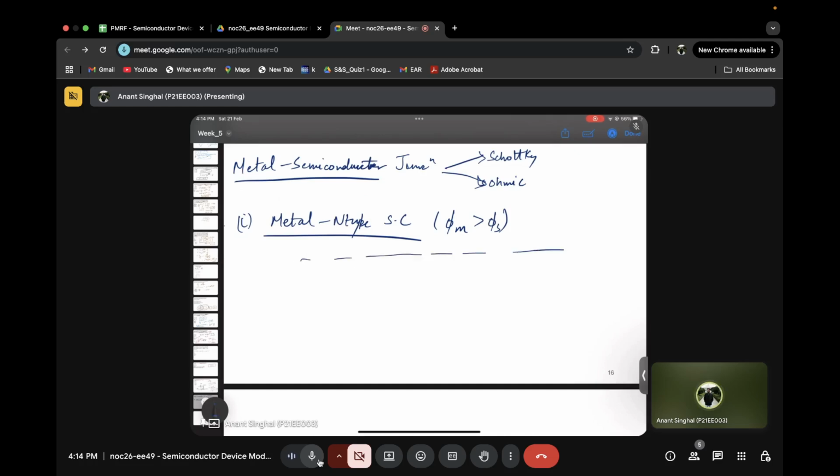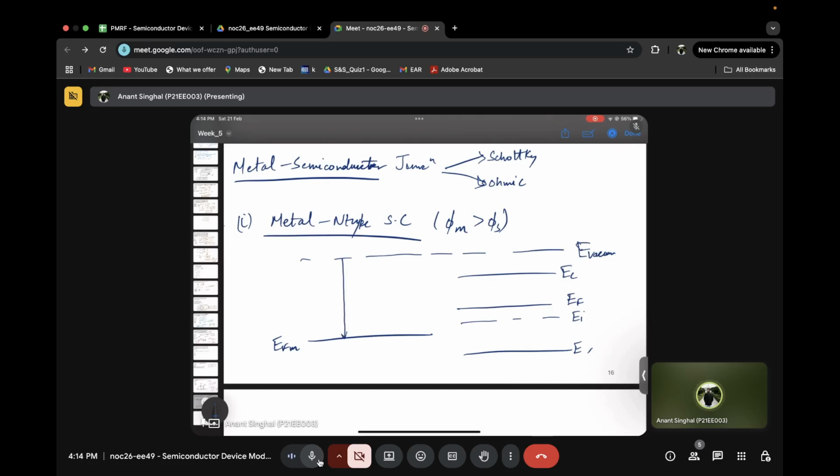So let me try to explain what I've done. Let's say this is E vacuum and this is the Fermi level of the metal. I hope you already know that the metal Fermi level is very inside the conduction band because there is an overlap of conduction and valence band, right? So this is EC, EF, EV.